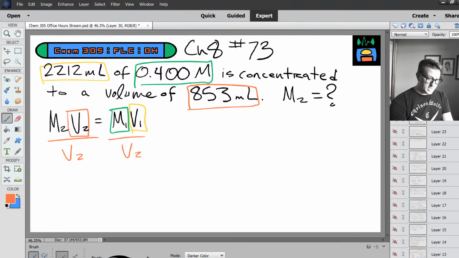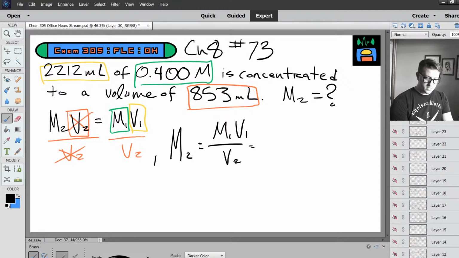So to solve here, we divide both sides by V2. So we get M2 is equal to M1 V1 over V2.